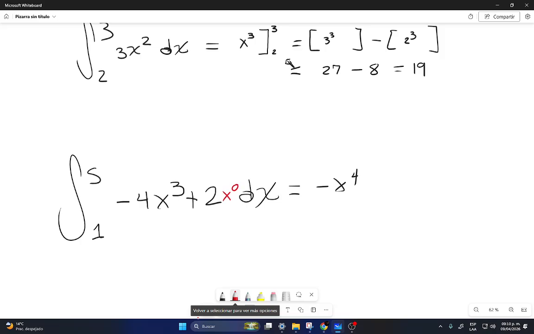So let me show you what will happen. We add 0 plus 1. This is just 1, so 2x to the power 1 over 1. But this one is not necessary, and this one is not necessary, so it's just 2x.